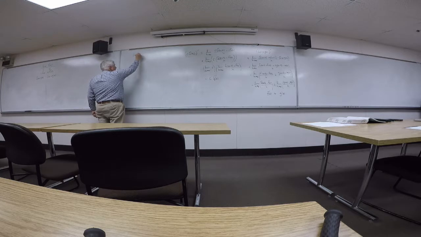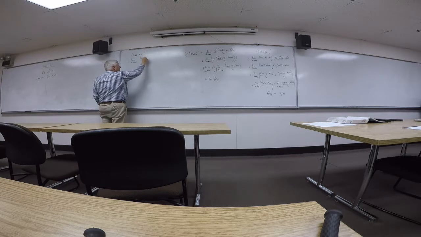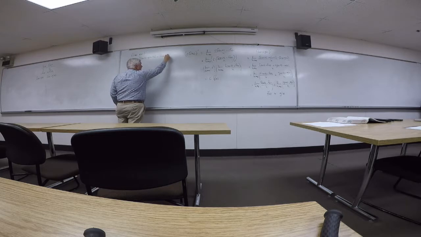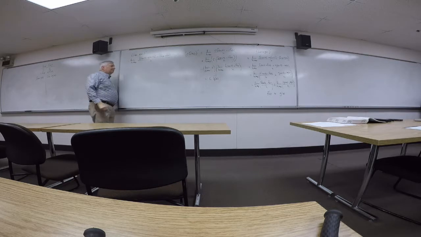F of x minus g of x, prime, limit as h approaches 0, f of x plus h minus g of x plus h, minus f of x minus g of x, over h.